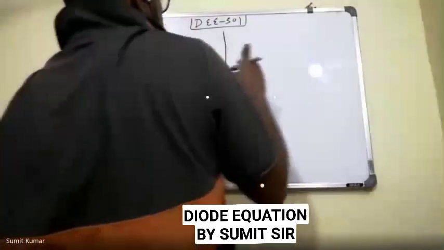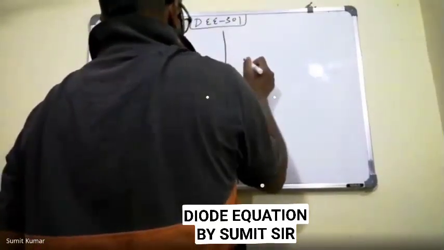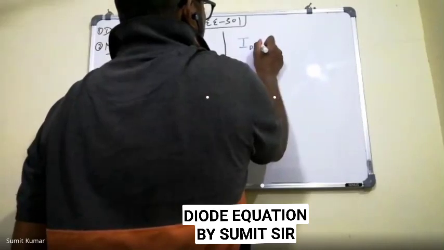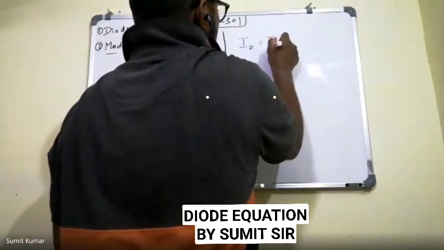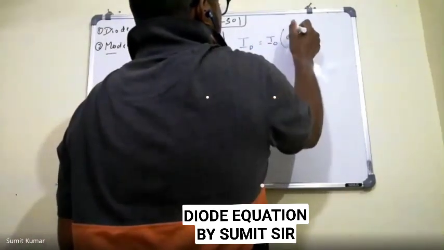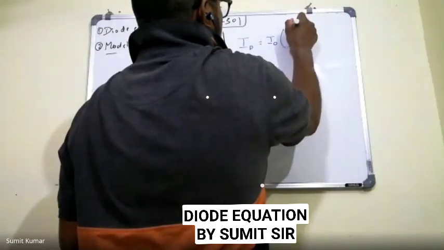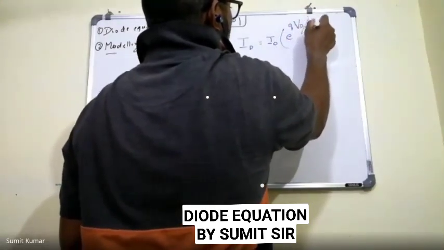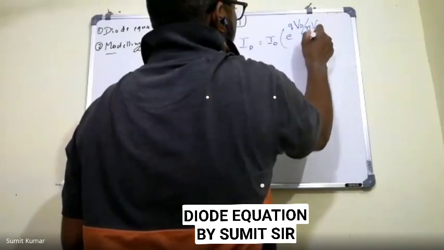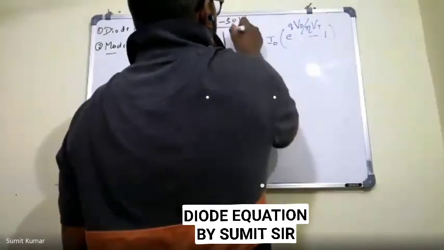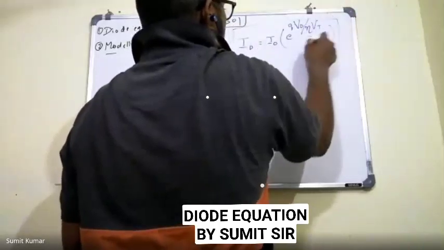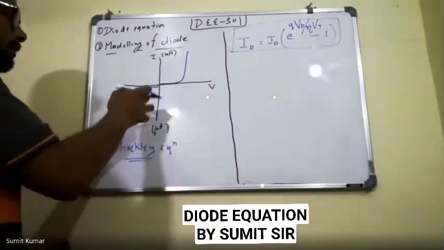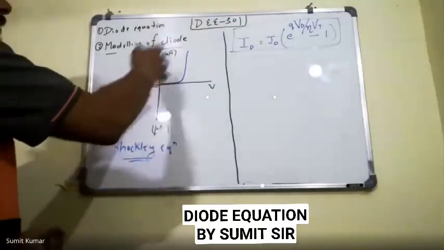Let me write the Shockley equation here. The Shockley equation is like this: ID equal to I naught e raised to the power q Vd over eta Vt minus 1. This is the Shockley equation which governs the behavior of diode. This characteristics is governed by this equation.